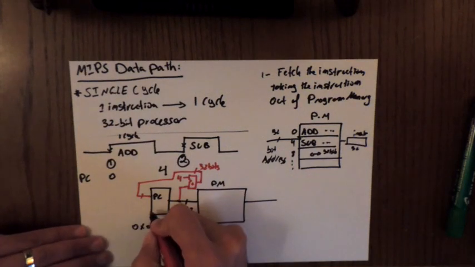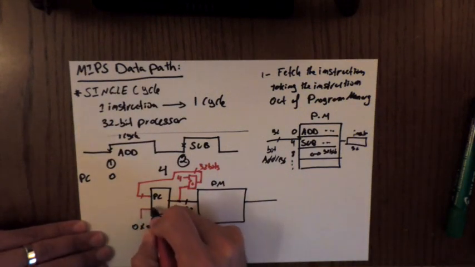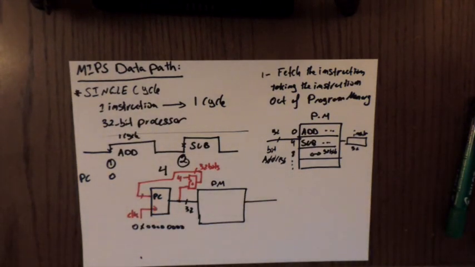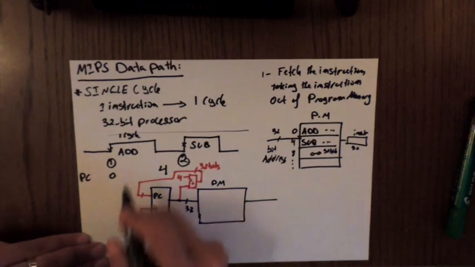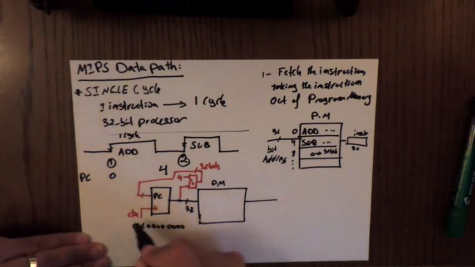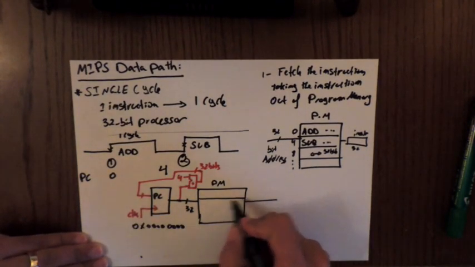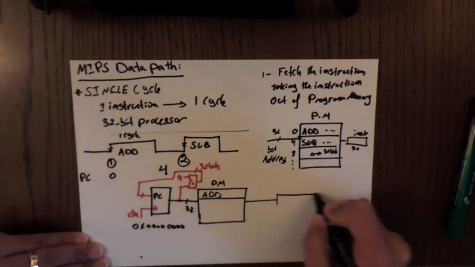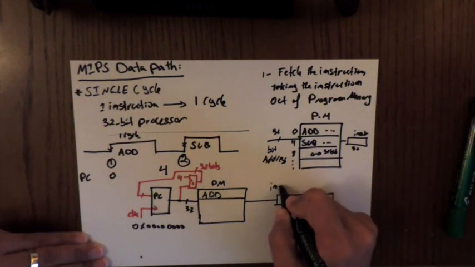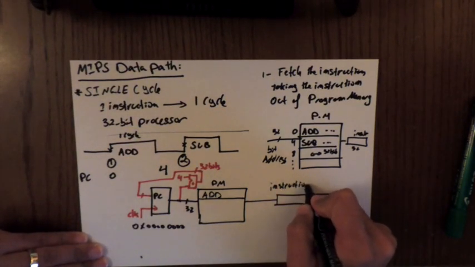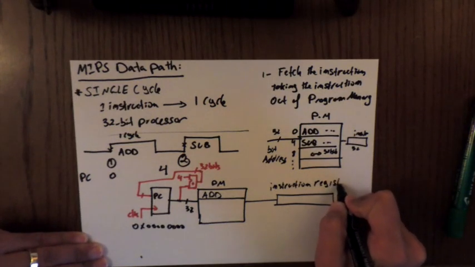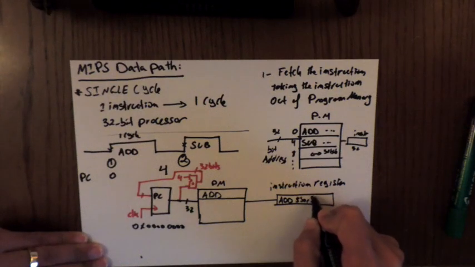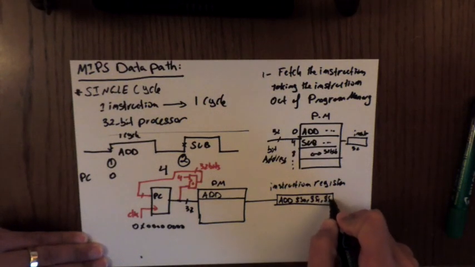So if we take a look, and of course PC is clocked. This is the clock. So if I want to trace it, at the first edge PC is 0. Now we have add here, this is an instruction register, so if here we had add, let's say $S0, $S1, $S2.